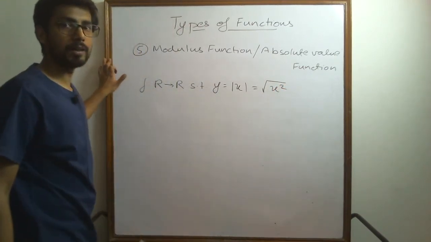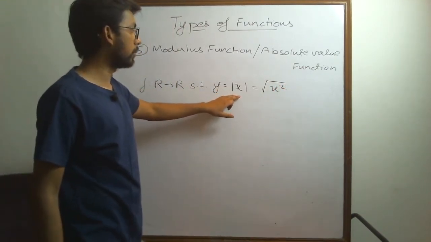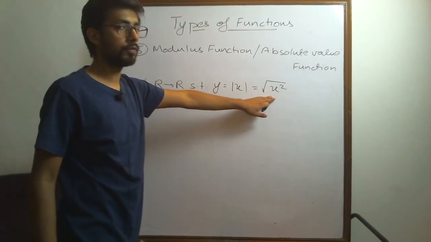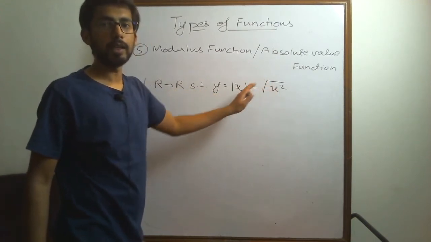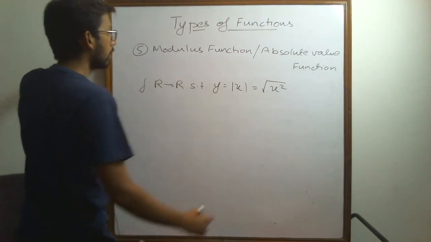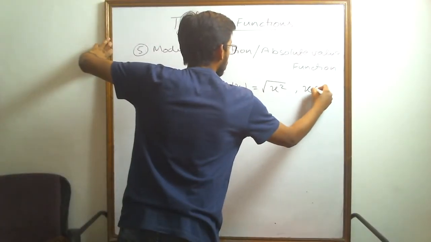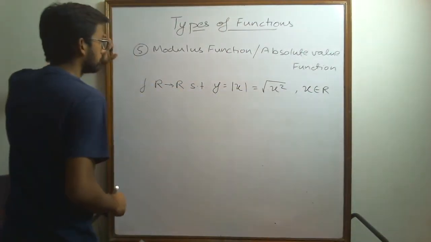So both are the same thing. This is how we represent modulus function. This is the square root function. Both are equal to one another for all values of x belonging to R.